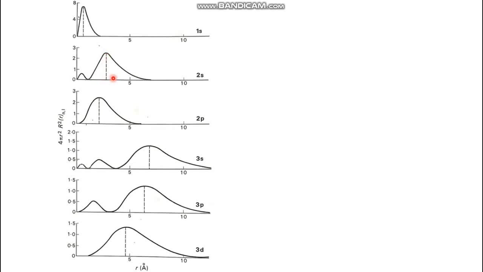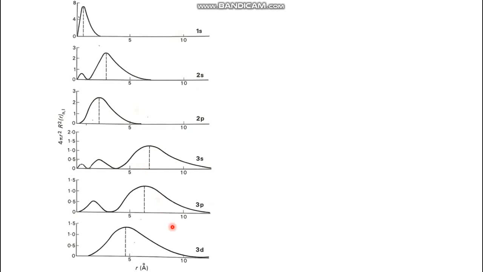That is, according to the principal quantum number, this maximum probability point increases from 1s to 2s, and from 2s to 3s. But according to the azimuthal quantum number, in the same principal quantum number, n equals 2 here and n equals 2 here, but the azimuthal quantum number l equals 0 here and l equals 1 here, it has shifted to the left.